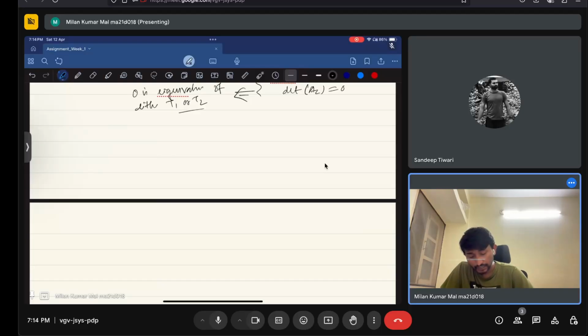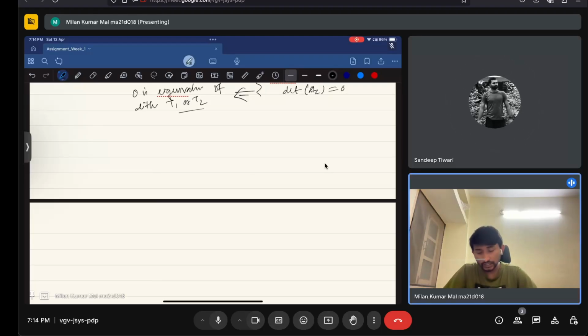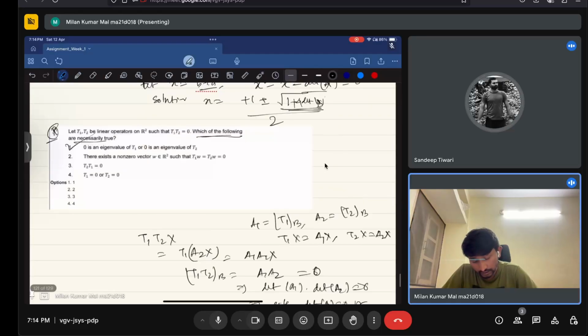Okay, let's take T1 and T2 as any linear operators, not necessarily non-zero.